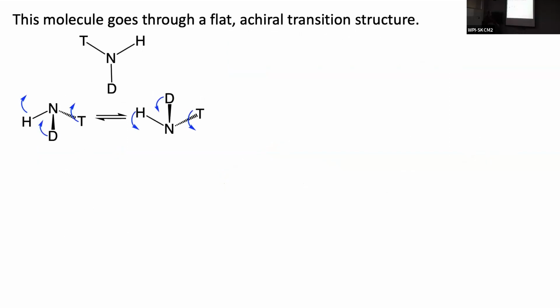And this molecule goes through a flat achiral transition state. So clearly, the transition structure is not chiral. All the molecules are occupying a common plane. Are there molecules that can go from object to mirror image, but without ever going through an achiral transition structure?